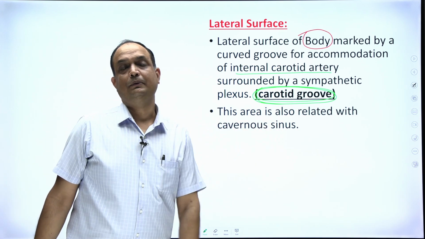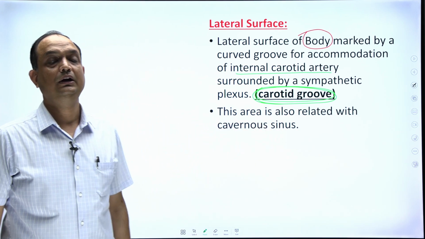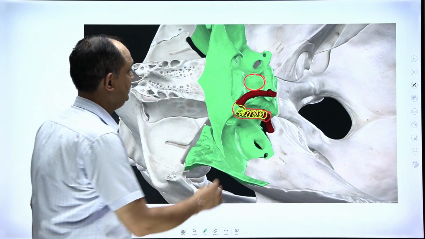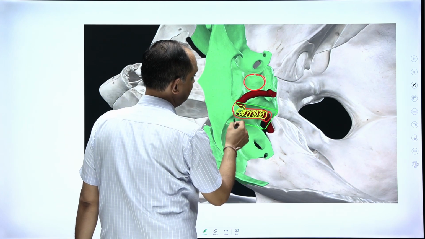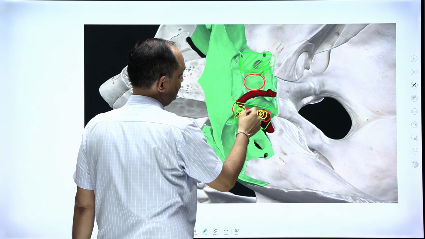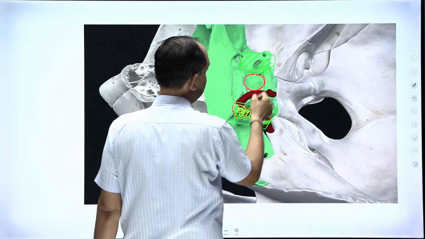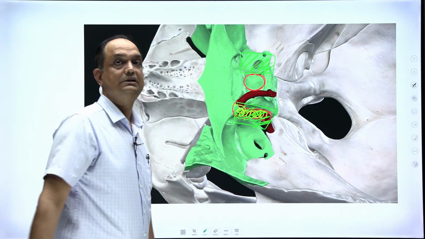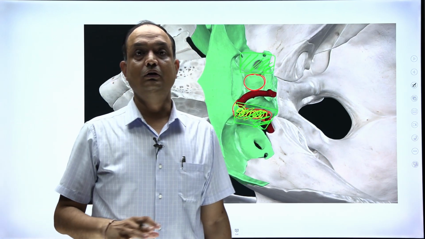One more important thing is that this area is also related to the cavernous sinus. You will have the cavernous sinus on both sides of the body. It is a paired sinus. So this is the area known as the lateral surface of the body of the sphenoid bone.